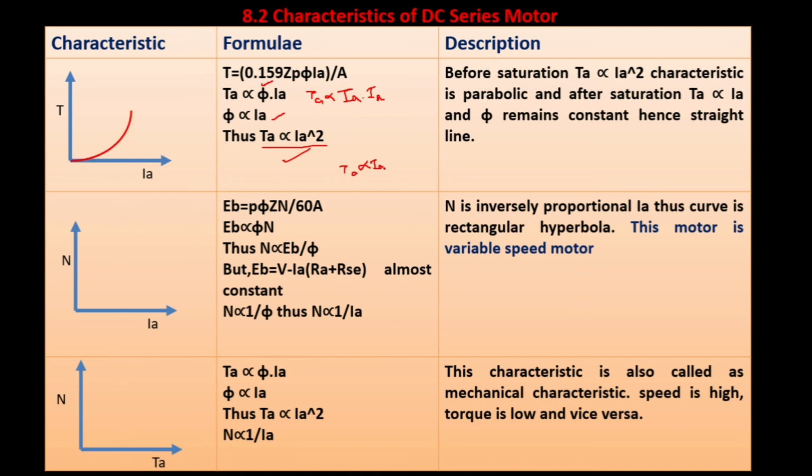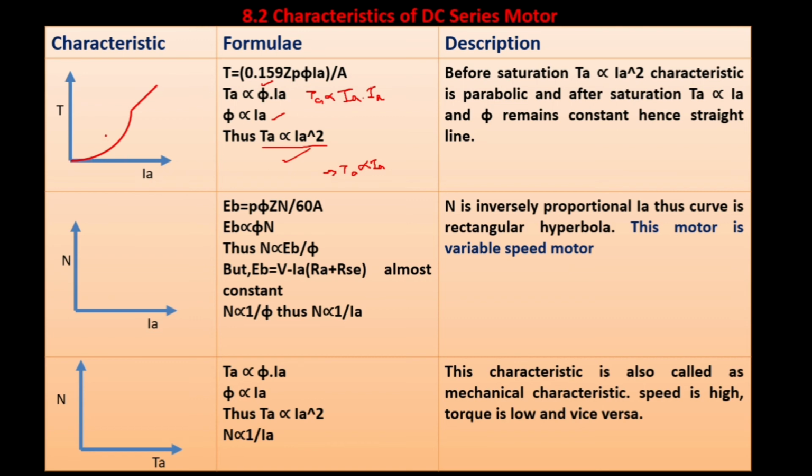So previously you will have this parabolic characteristics, as you know, torque directly proportional to Ia square. And after saturation what would become? Now after saturation, the characteristics will become directly proportional, that is the straight line. Okay, so this is how you get the characteristics.